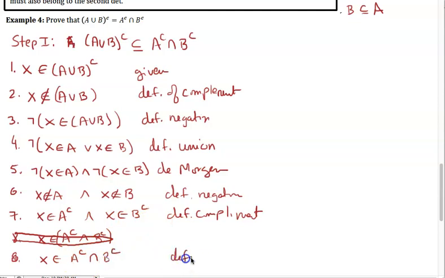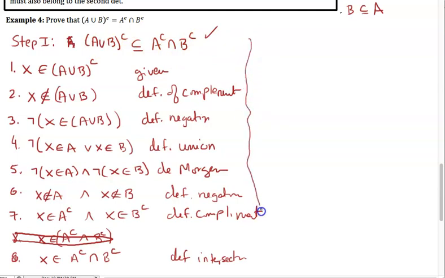This is just the definition of intersection. So I showed that if I started with X an element in this set, through these definitions, you proved that X also has to be in the second set. So we proved that the first set is a subset of the second set.